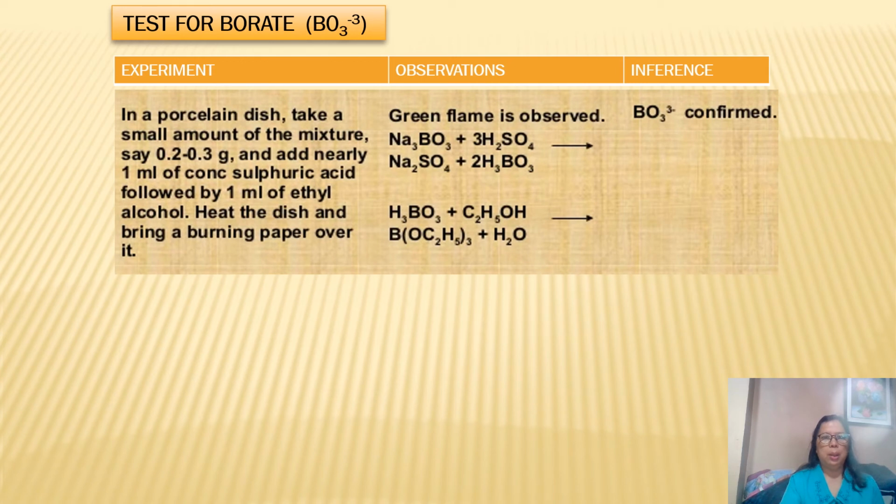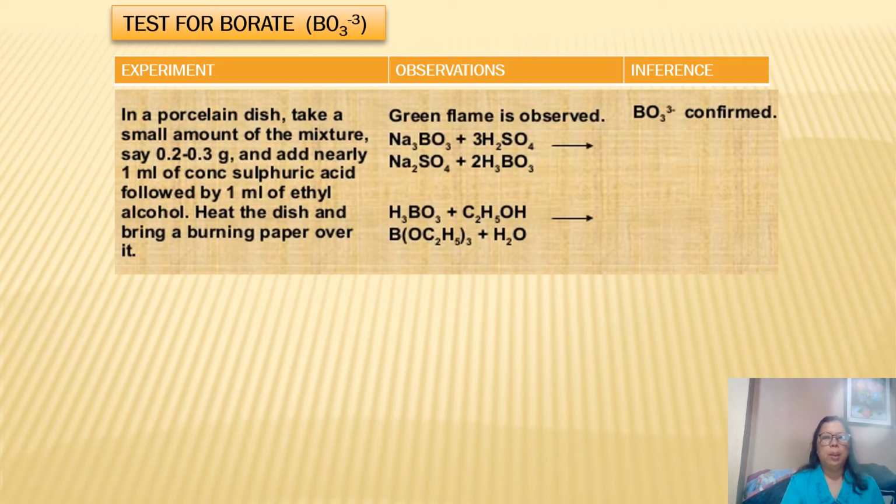And then you have here test for borate. In a porcelain dish, you add 0.1 to 0.2 grams and add nearly an ml of sulfuric acid followed by 1 ml of ethyl alcohol.